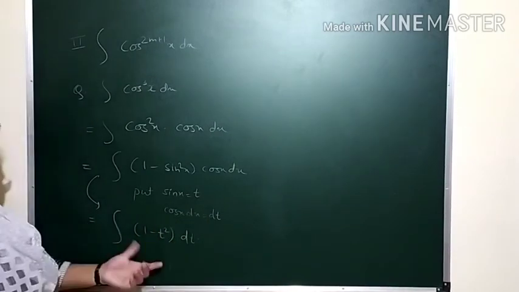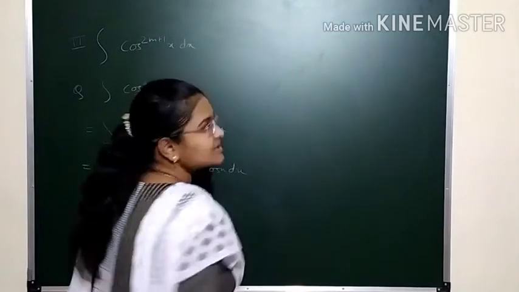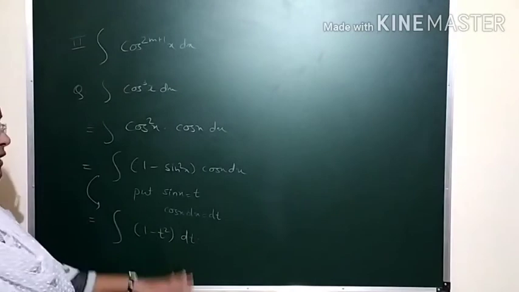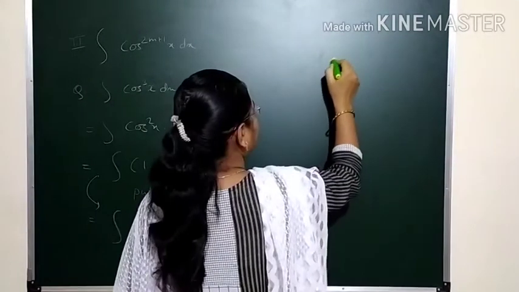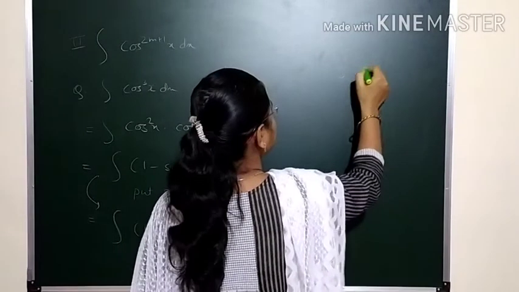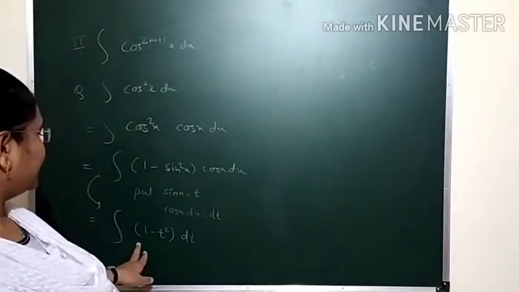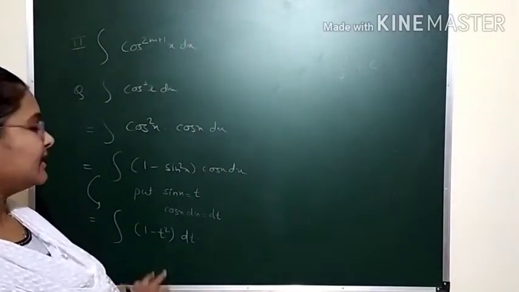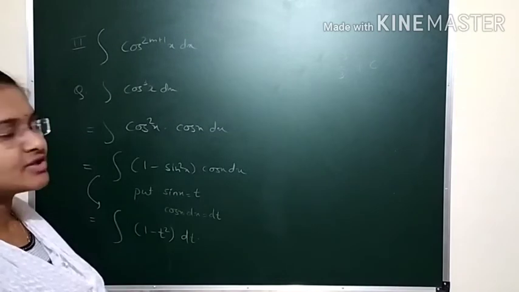So what will be the integration? The integration of 1 will be t, because we are integrating with respect to the variable t. So it is t minus t cube by 3 plus the constant of integration. We have t minus t cube by 3 as the integration of 1 minus t square, and we have added the constant of integration.